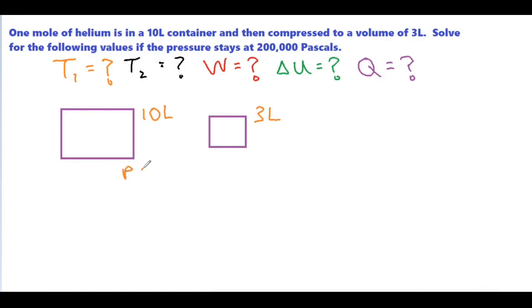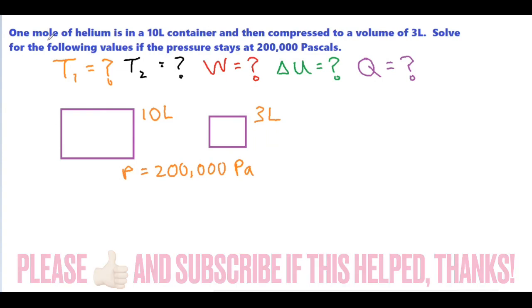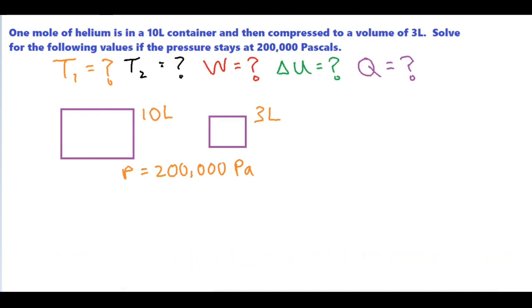So the pressure is a constant 200,000 pascals, which means it's an isobaric situation where the pressure remains constant under both conditions. Now we also have 1 mole of helium, so that means n equals 1, and we have helium as our gas particle.